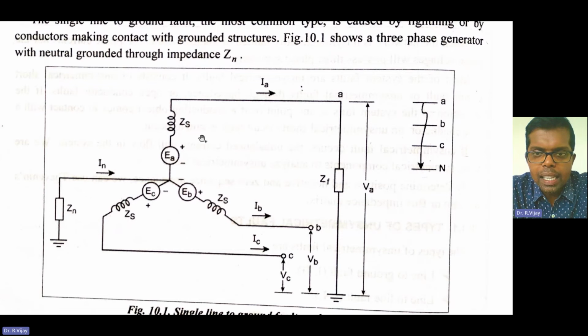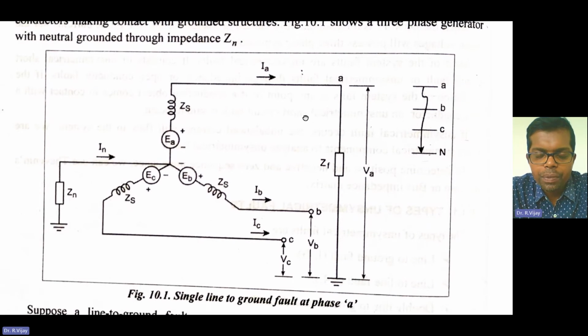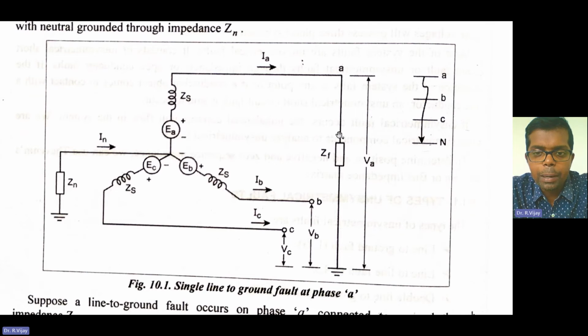Here in phase A we have the fault impedance ZF, because the fault is happening in phase A and touching the ground. So we have the impedance ZF at phase A with the current IA in this direction, and the neutral current coming in this direction.